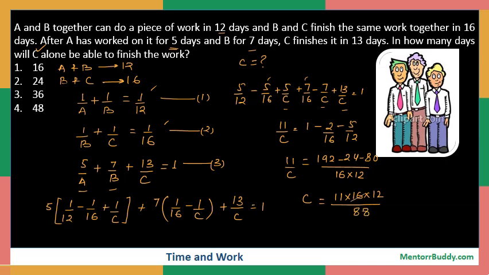When we do the cancellation, 4 fours are 16, 11 twos are 22, 2 twos are 4, and this comes out as 24.